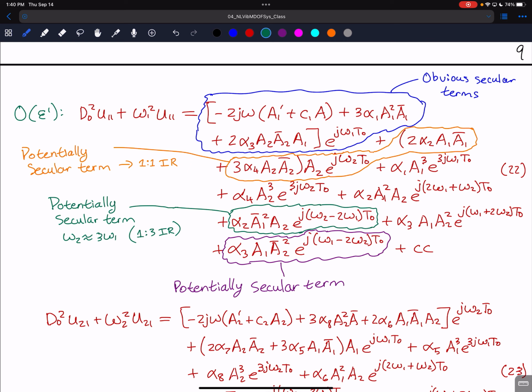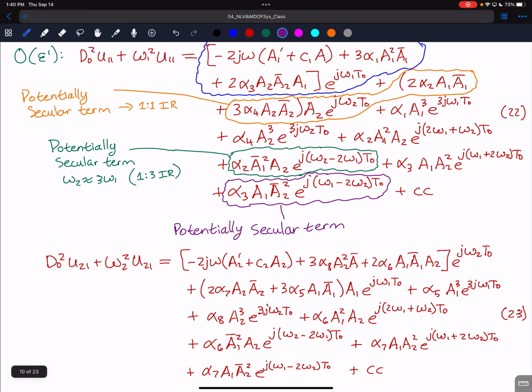So if that's the case, then you get resonance there. In this purple case, we have omega 1 minus 2 omega 2. So if you had, let's say, omega 1 approximately 3 omega 2, that would be a 3-to-1 internal resonance.